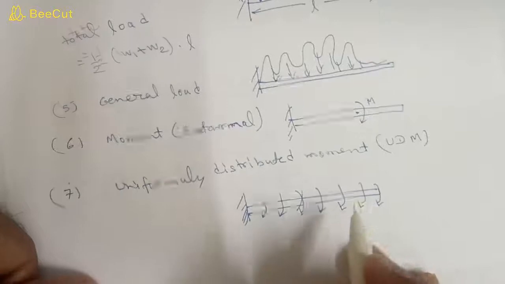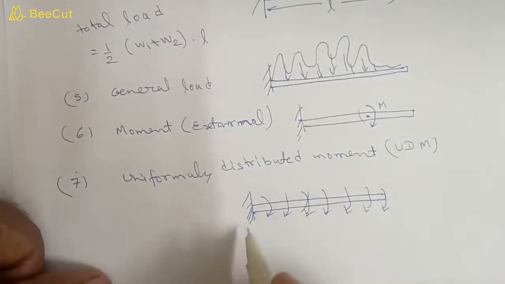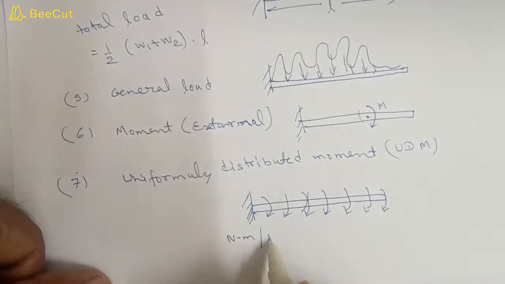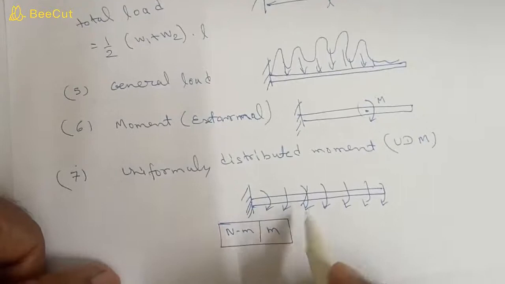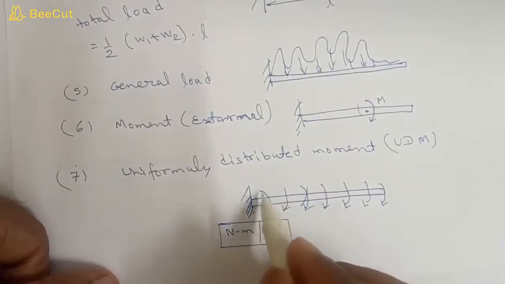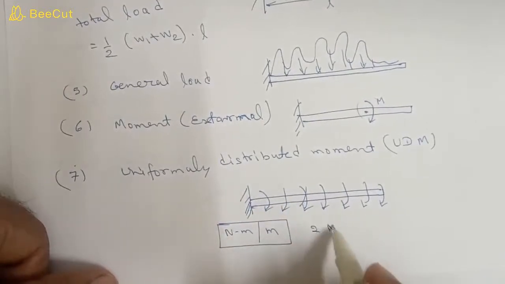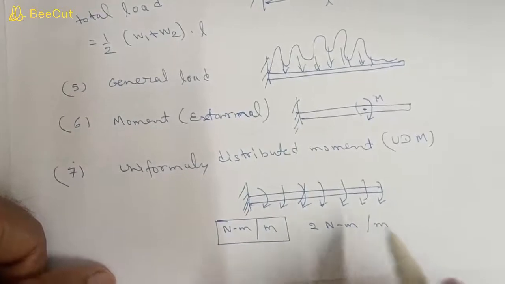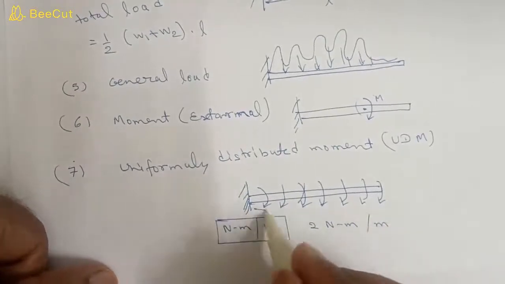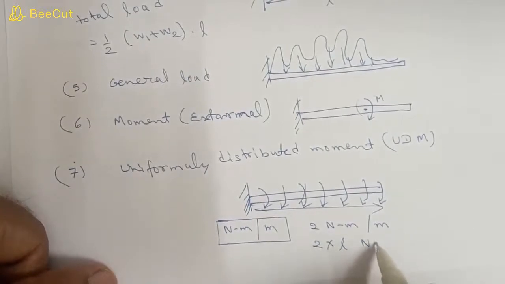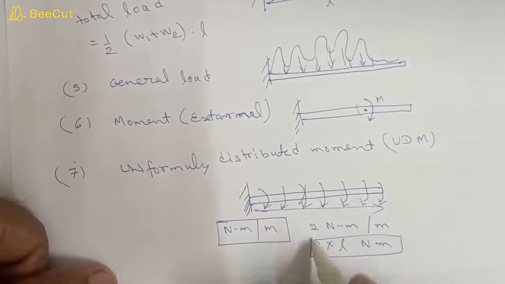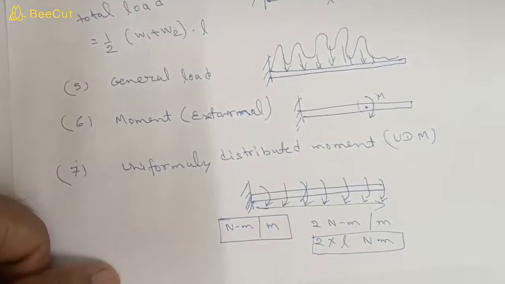Then this is called uniformly distributed moment, and it is denoted as Newton meter per meter. So if the intensity of the moment is given like 2 Newton meter per meter, then we can multiply it with the length of the beam, 2 into L Newton meter. This will be the total moment.